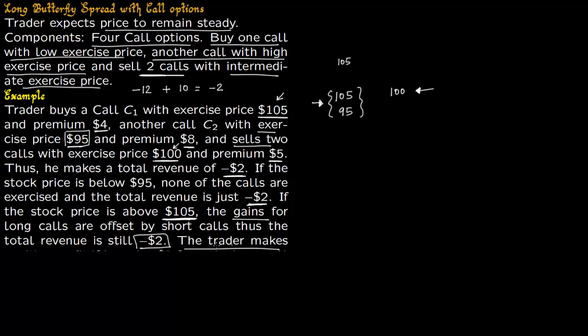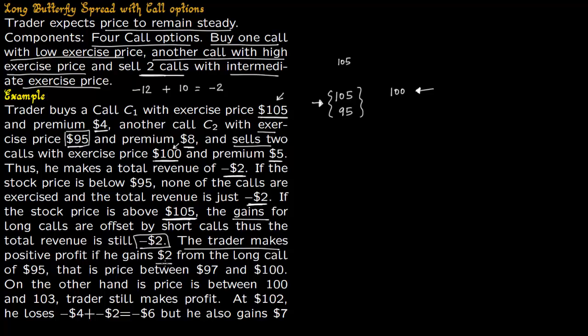So the trader makes a positive profit if he gains back this $2. He has spent $2, so his revenue is initially minus 2. He has spent this $2 on selling and buying calls, and he has to recover it.